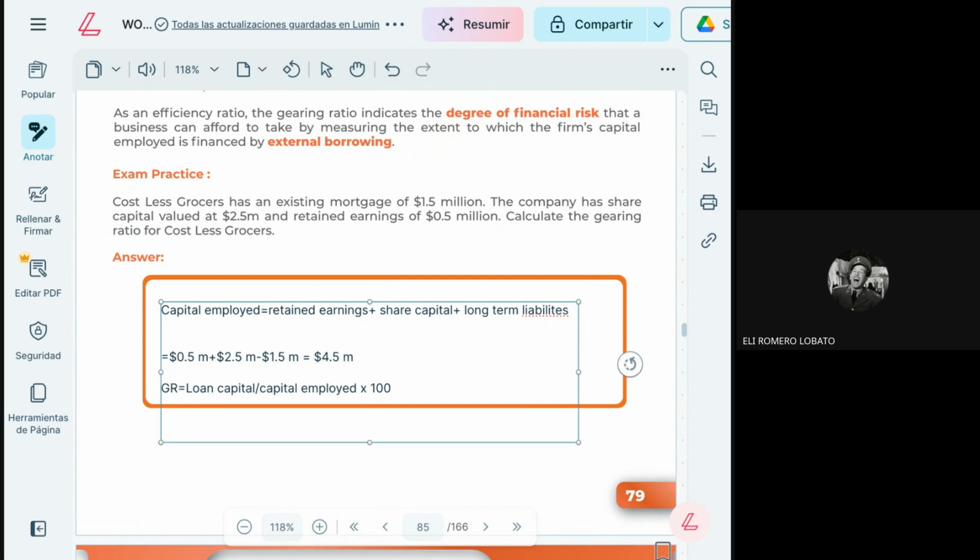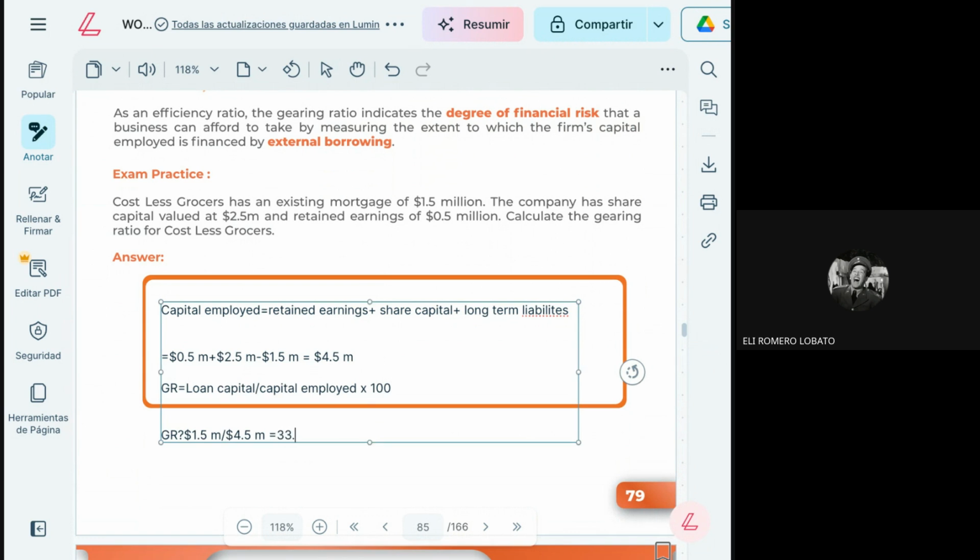So in order to substitute, we have $1.5 million over $4.5 million.